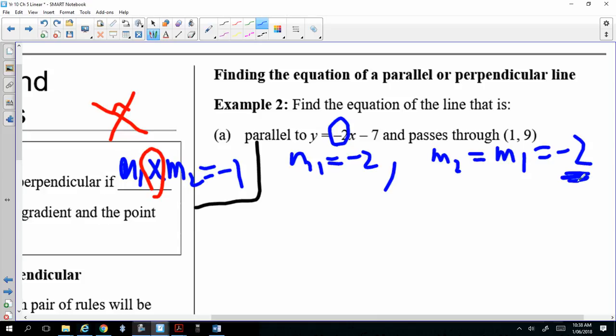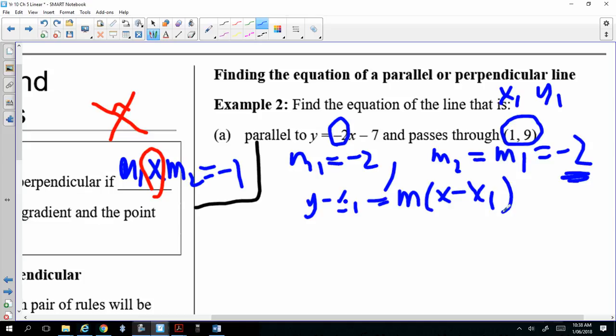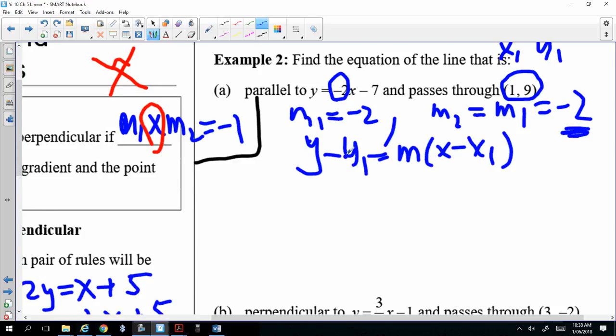So we've got the gradient of the line you are finding is -2. And you pass through this point, x1, y1. You use the formula y minus y1 equal to m(x minus x1). So you do y minus 9, this is your y1, equal to the gradient -2, bracket x minus 1.